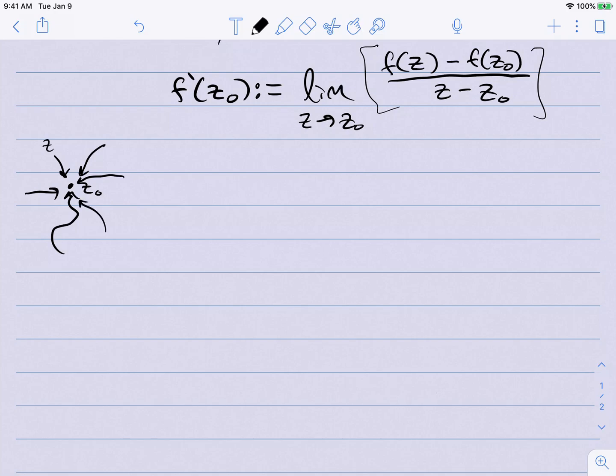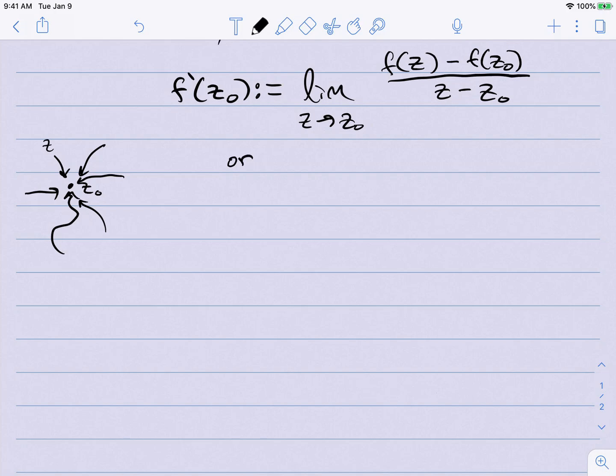So for any of these paths, you have to get the same expression here in these parentheses. So that places strong constraints on when the limit's going to exist. In other words, this limit is less likely to exist than it was for functions of real variables.